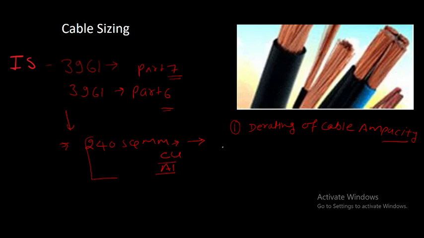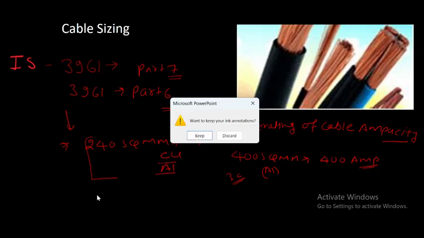For example, there is a 400 SQM cable, and suppose this carries a current of 400 amps. This is an aluminium conductor, and it is a 3 core cable. This is the basic detail that will be provided by the manufacturer.